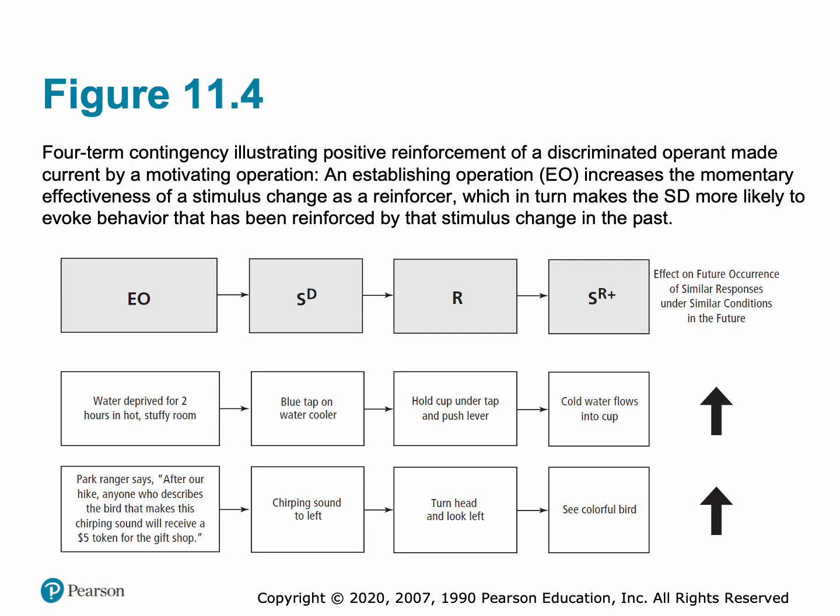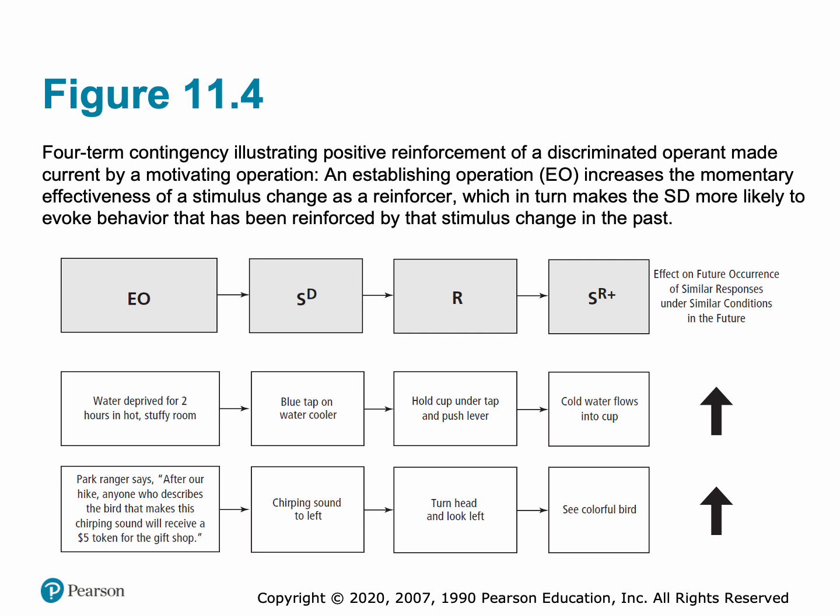An example of an establishing operation, or EO for short, would be being deprived of food. So deprivation increases the value of food, and then also increases the likelihood that we'll engage in behavior to gain access to that food.